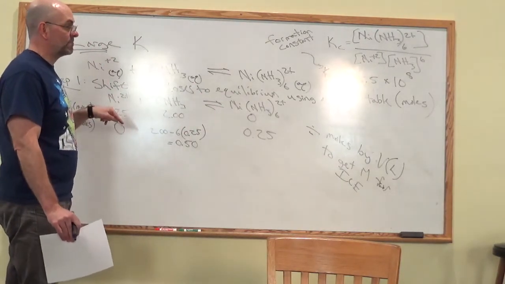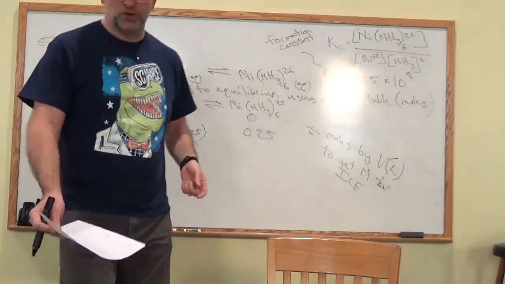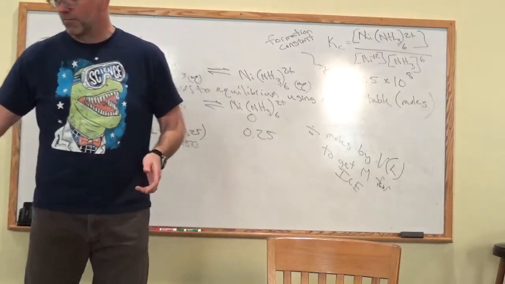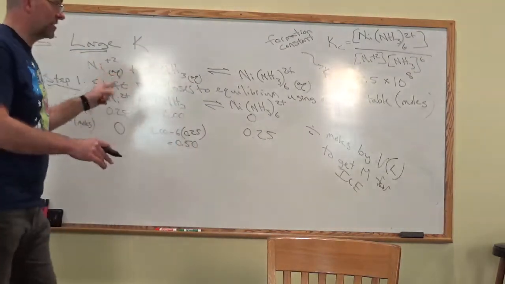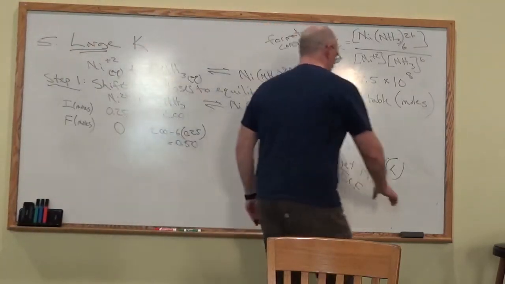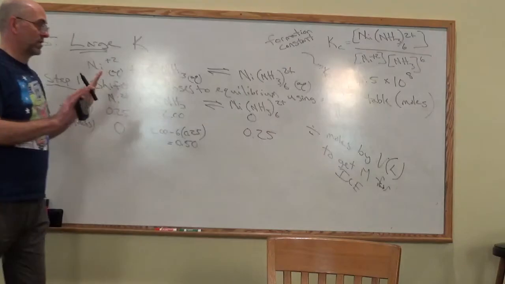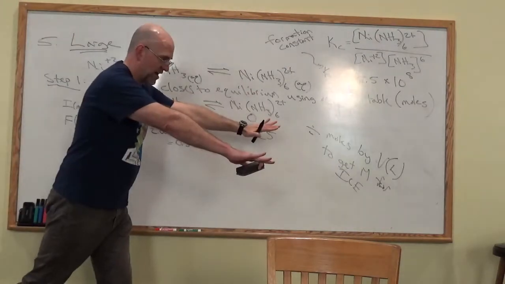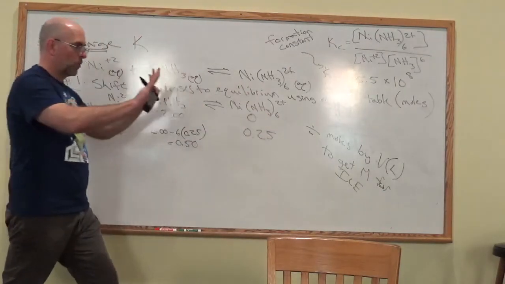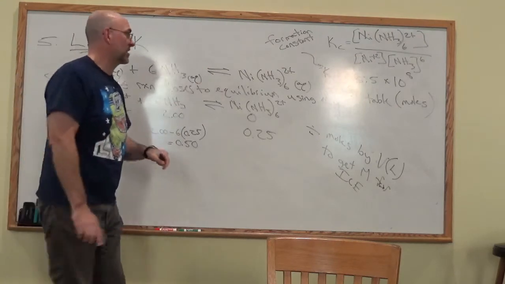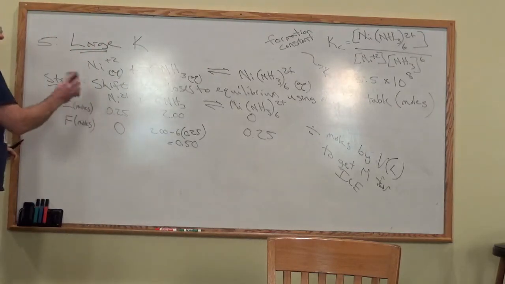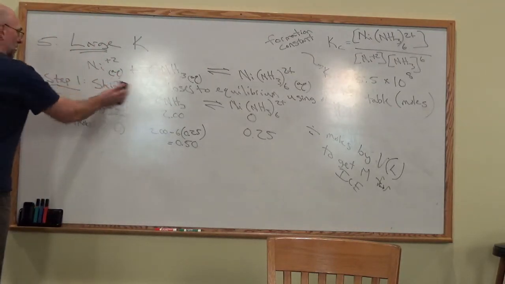So that's the next step, and let's set up the ice table and do it. Because now we've actually made the problem pretty easy if you get to this point. So that's step 1. This is what I mean by pushing the equilibrium. We push it completely to the right, then in the ice table, we bring it back, and our x is going to be really small. So let's leave that there.